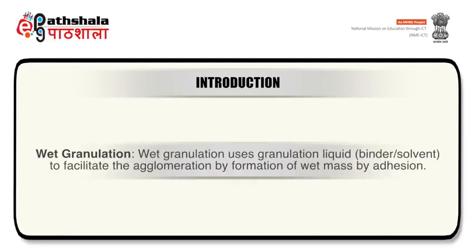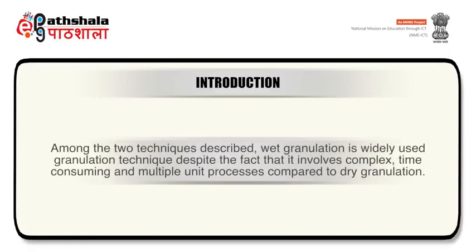Wet granulation uses a granulation liquid, maybe a binder or solvent, to facilitate the agglomeration by formation of a wet mass by adhesion. Among the two techniques described, wet granulation is the widely used granulation technique despite the fact that it involves a complex, time-consuming and multiple unit process compared to dry granulation.